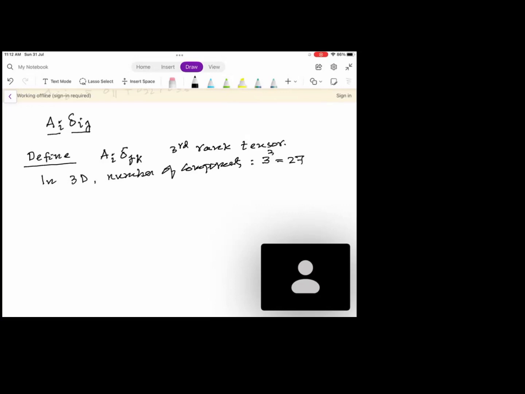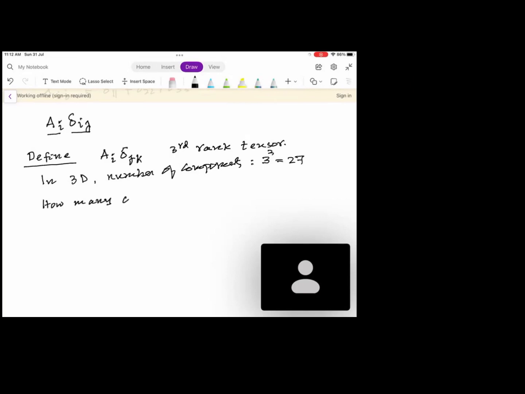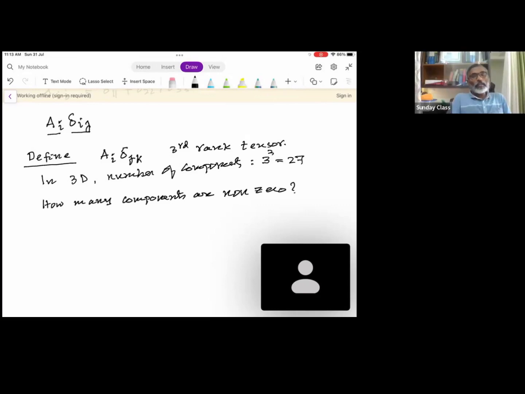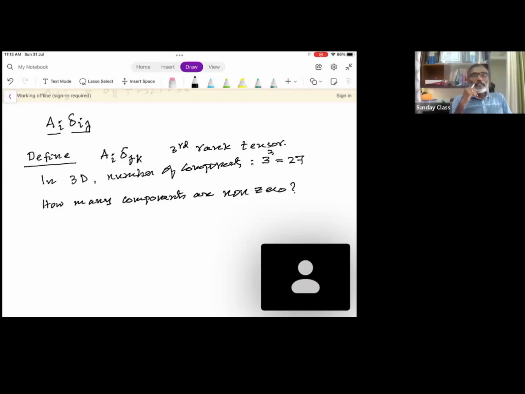Okay. Now, how many non-zero components will be there? That is the question. Can you find out how many components are non-zero? So 3. Sir, 6. Why 3?